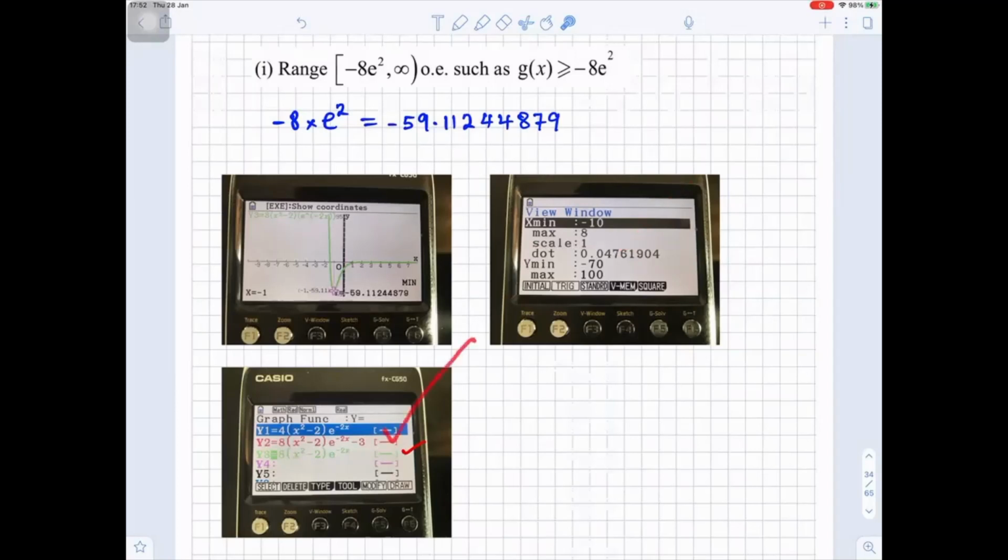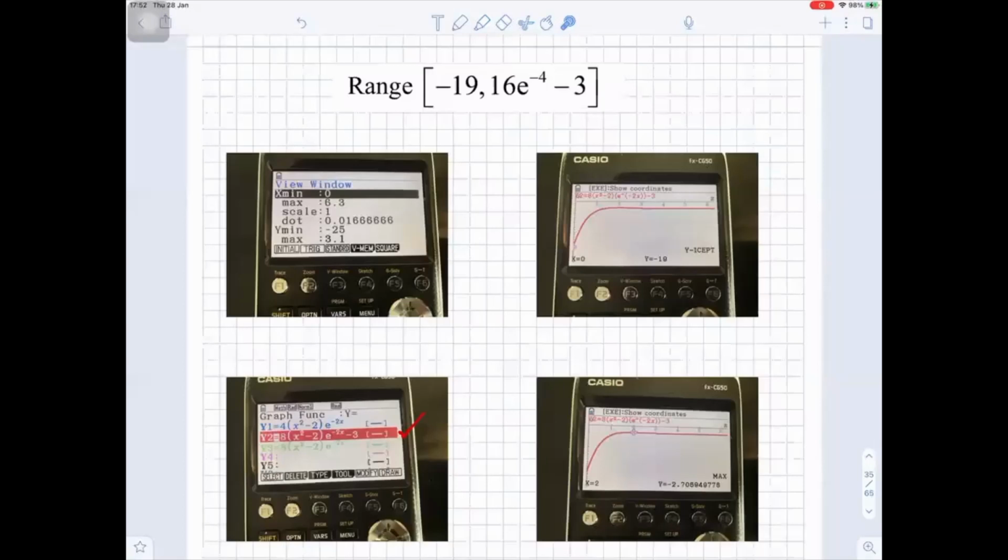And these are the graphs which are put in the Casio calculator. So this number there matches with that, and that is when x is minus 1. So these are more graphs to make it clearer. That will be on the view window, the scale, and then that's the functions you put in the graph.